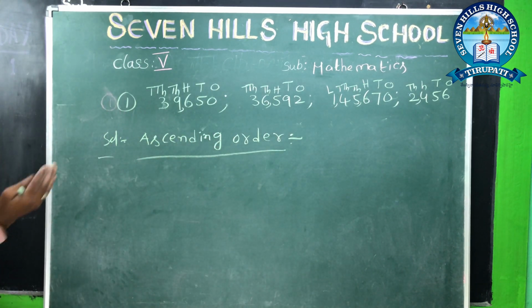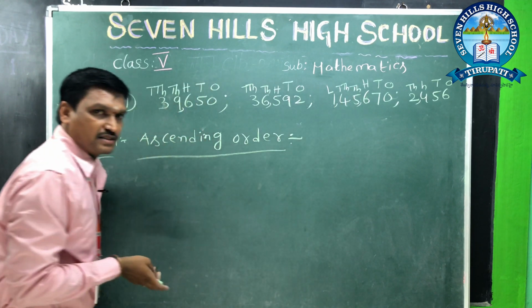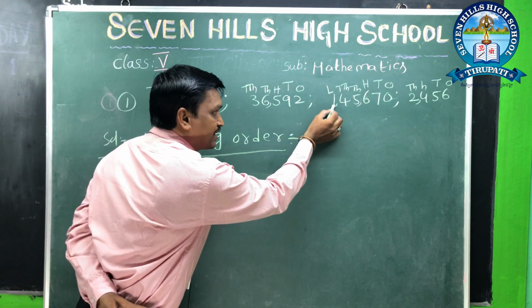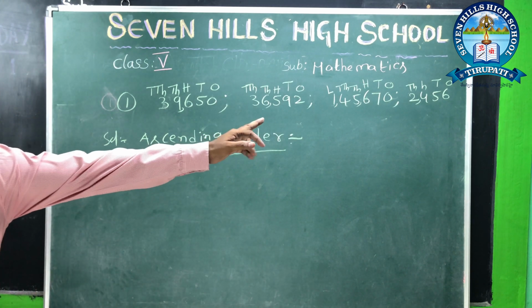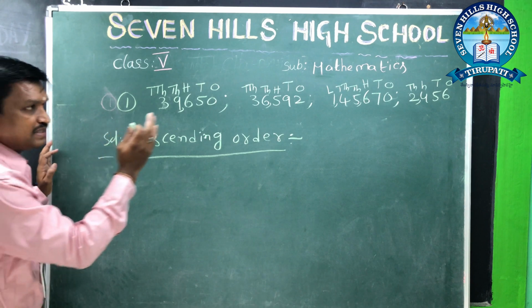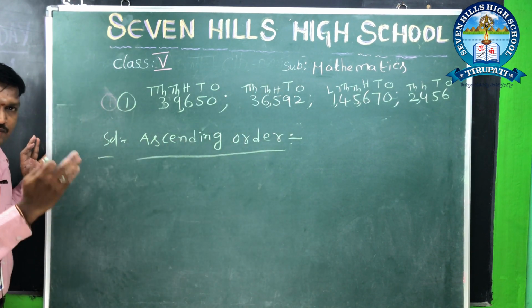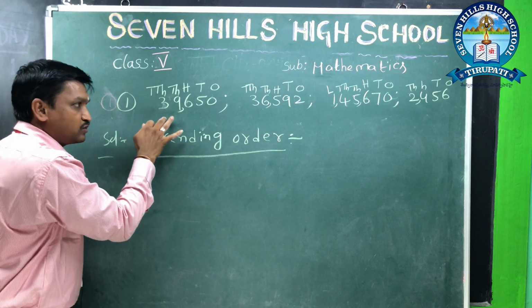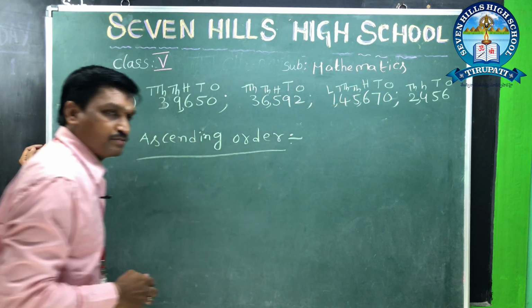So first, of these 4 numbers, what is the smallest? Yes, 2,456. Why? Because that is only up to thousands place. The remaining numbers are in 10,000s position, it is also 10,000s, it is lakhs position.